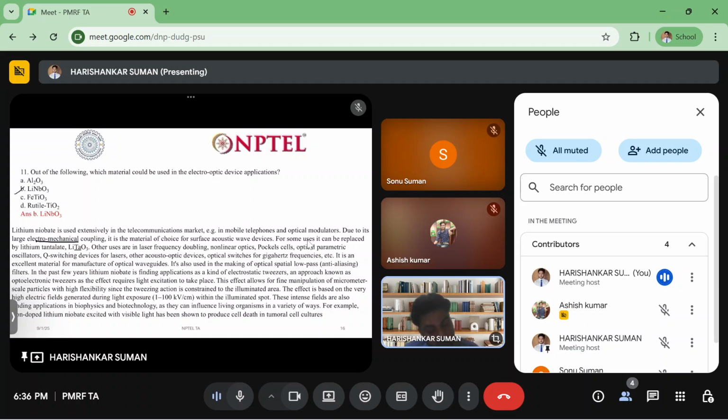In the first few years, lithium niobate is finding application as a kind of electro-optical tweezers, an approach known as optoelectronic tweezers, which requires light excitation to take place.